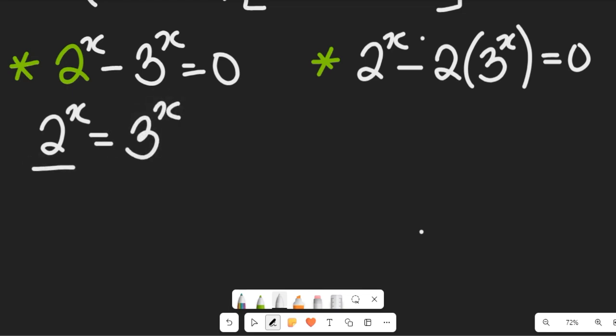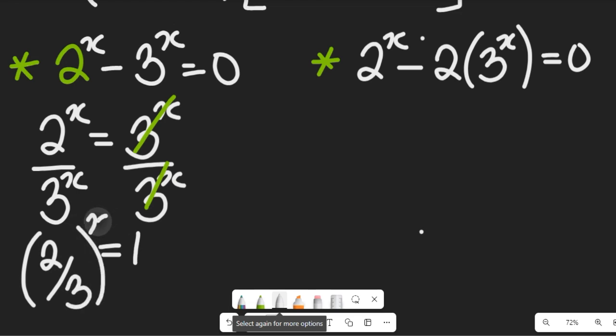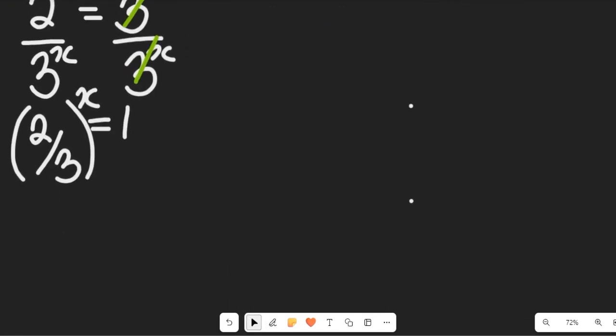So if I divide both sides by 3 to the power of x, the right hand side will simply give me 1, because this will clear this to give me 1. While the left hand side, I can easily simplify because they have one common power. So if I simplify that further, I'm going to have this expression to be equal to 1.